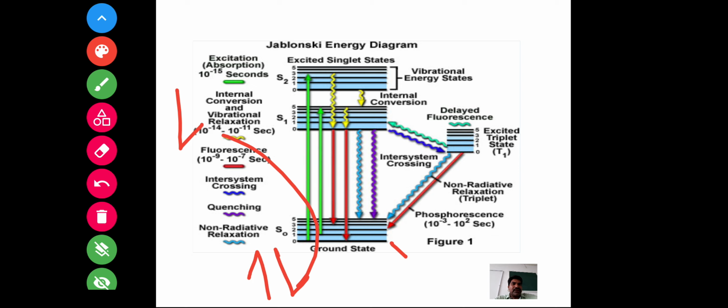During the course of internal conversion, the energy levels may be diminished. The electron moves downward from S2 to S1 via loss of some energy. This process of loss of energy occurs in many ways.